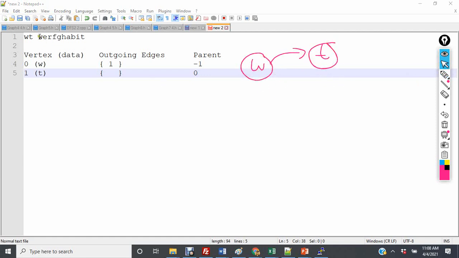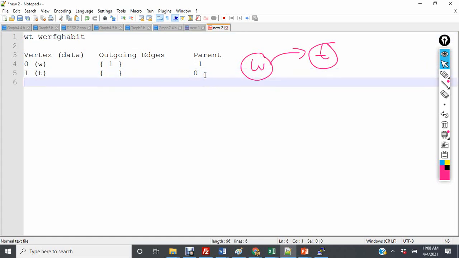So now we're going to start inserting these characters. At this third vertex, vertex 2, we're going to insert the data value E, and as of right now, it also doesn't have any outgoing edges, and its parent is going to be 0 as well, because W and E is the current ordering.